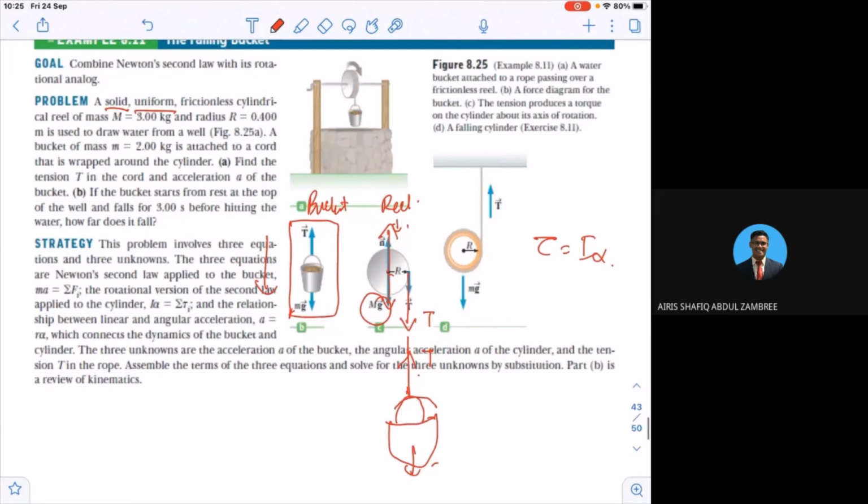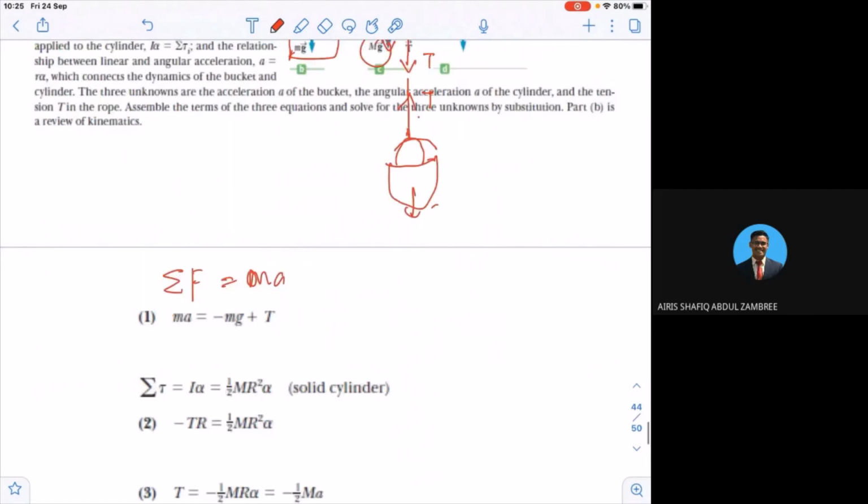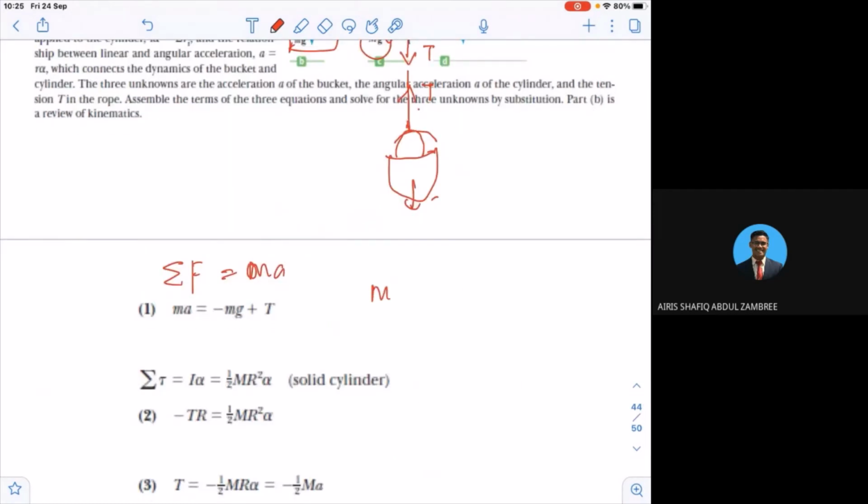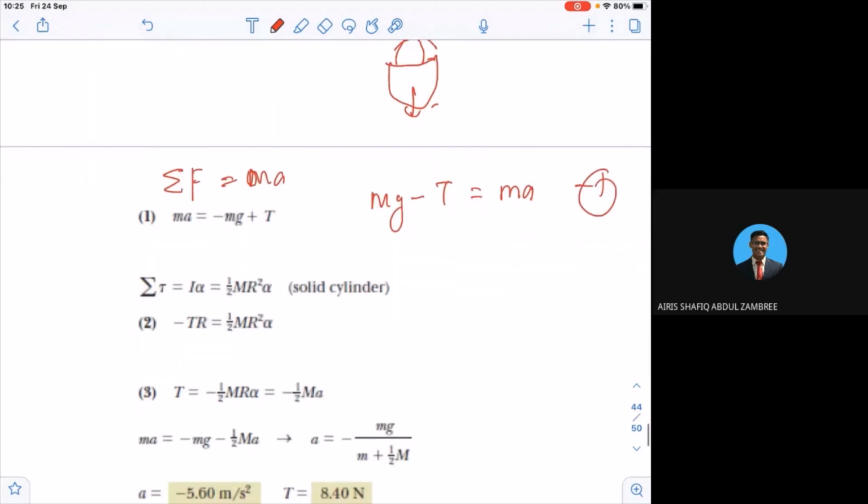The bucket is falling into the water, so mg minus T equals m a. In what they did here, they used it differently, T minus mg equals m a.